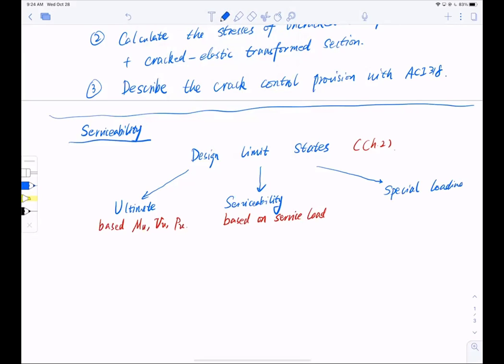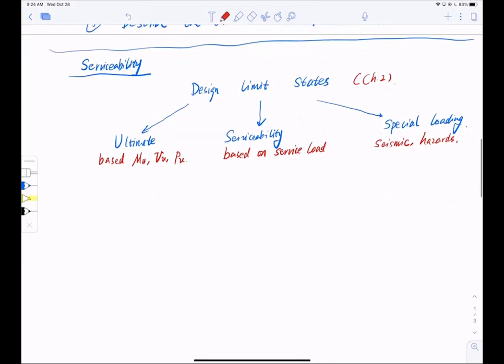In this special loading, we're talking about hazard loads, like seismic, earthquake loading. And hazards, for example, tornadoes, wind, rain, snow excessively, those are the special loading. So what we're going to focus on is serviceability based on service load.